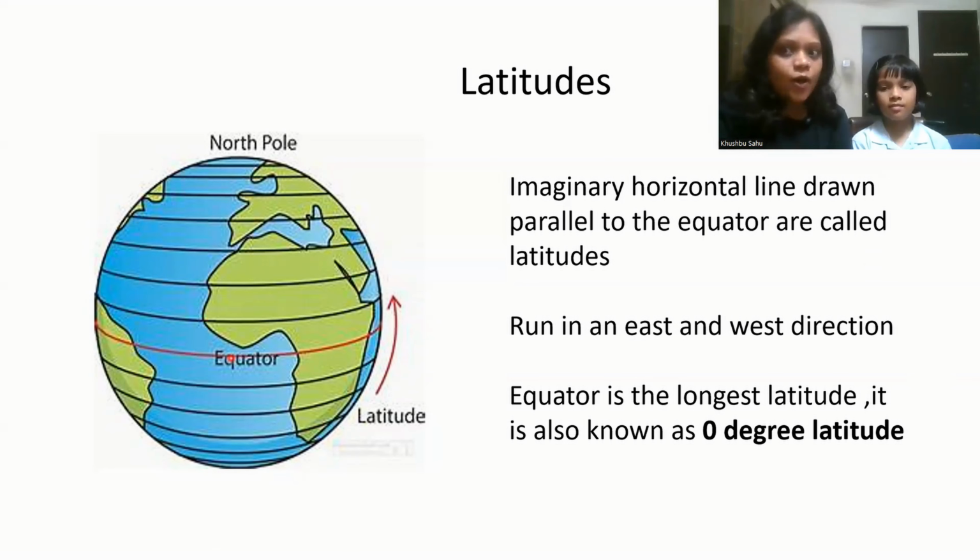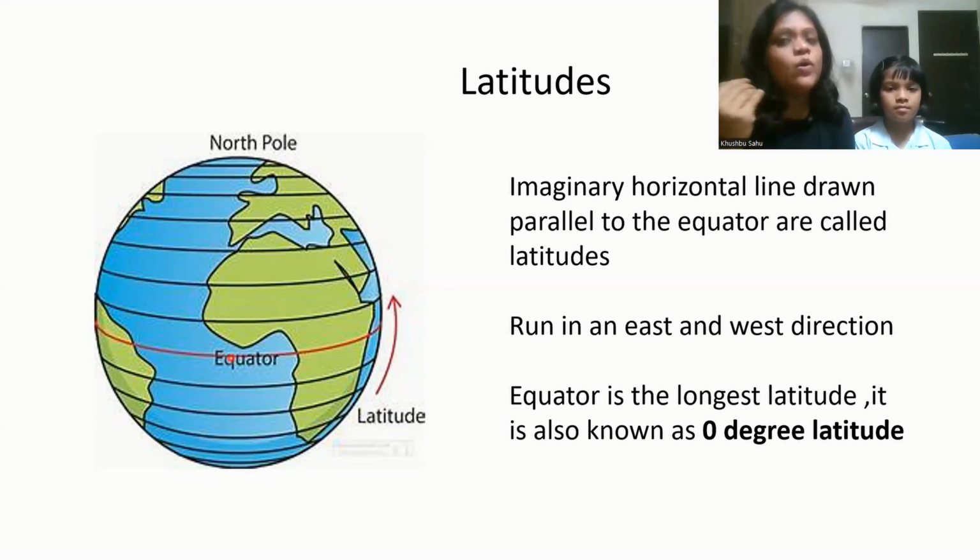So now two things are clear for us. One is, what is an equator? The equator is an imaginary line which runs from east to west and divides our Earth into equal halves. Now, the second thing, what are latitudes?